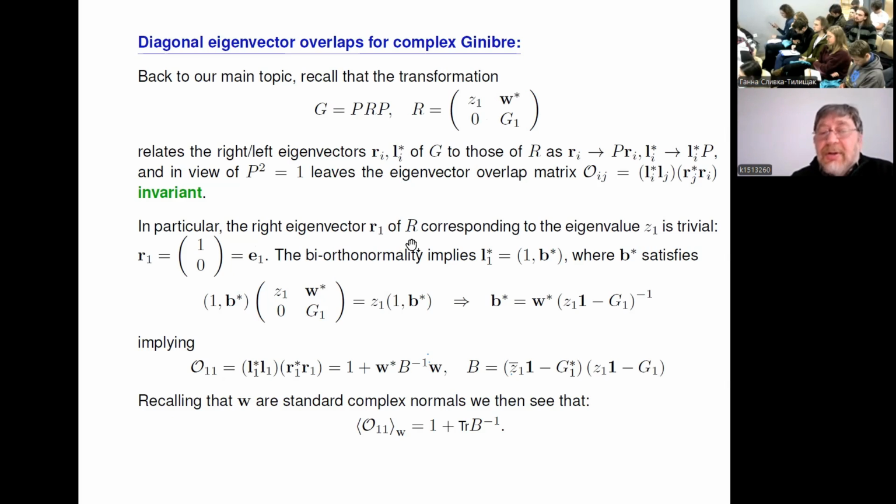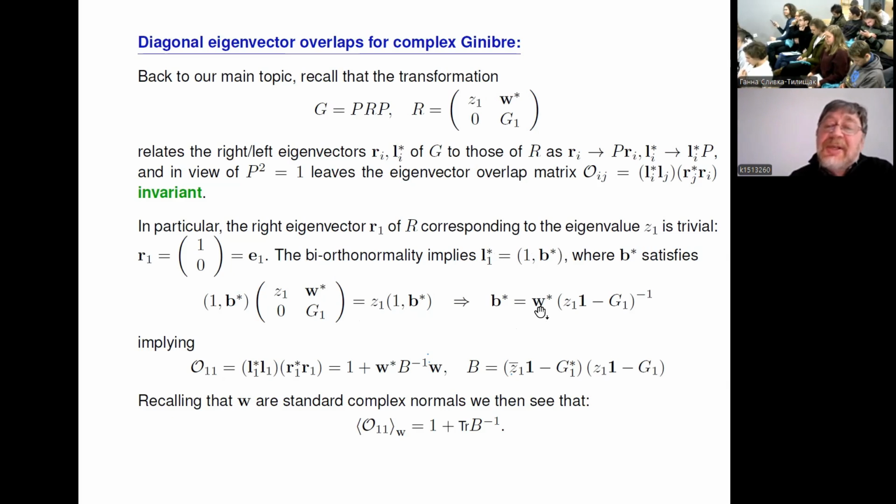The left eigenvector corresponding to Z1, by biorthonormality, must have the following form. The first component should be 1, and then there should be some vector, for which we take this matrix and write its left eigenproblem. After very simple algebra, just multiplying this vector with such a matrix, we can immediately solve for this unknown vector B, which is the main non-trivial component of our left eigenvector.